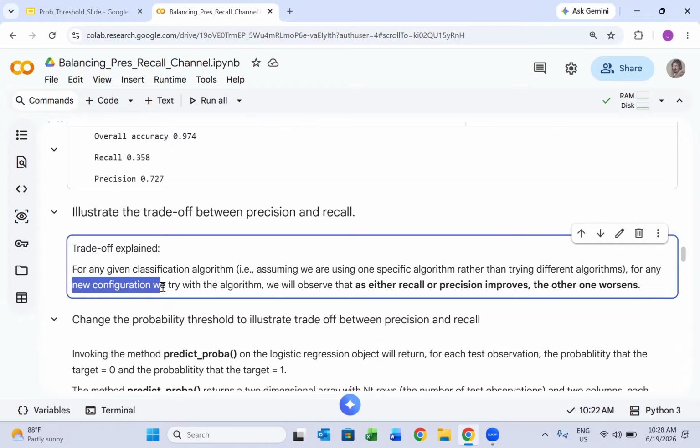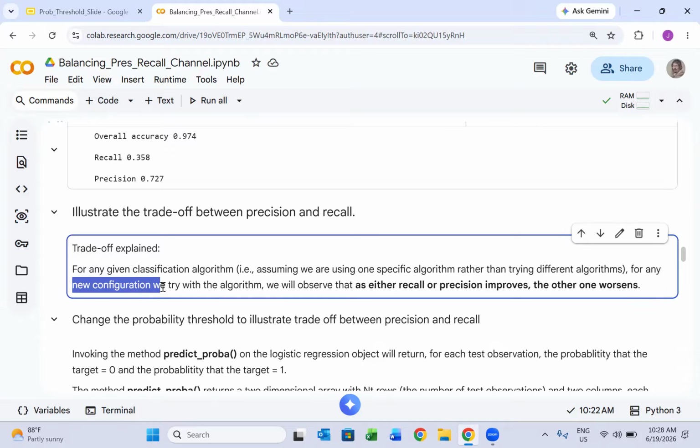I'm not going to explain the reasons in this video, but with an unbalanced data set, you cannot focus the performance on the overall accuracy. You need to focus on class-specific metrics like precision and recall.